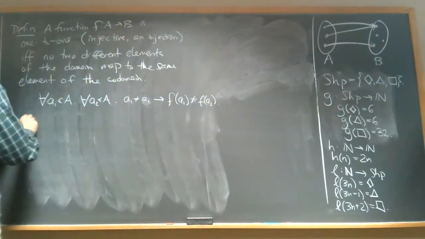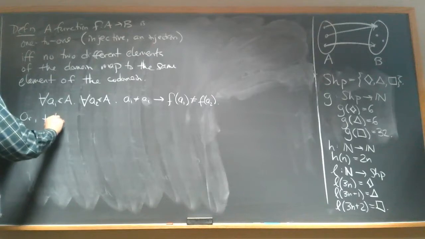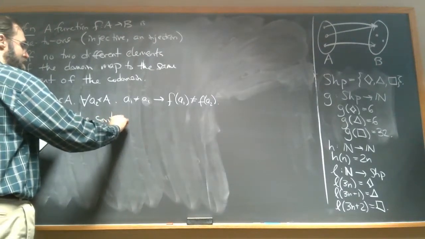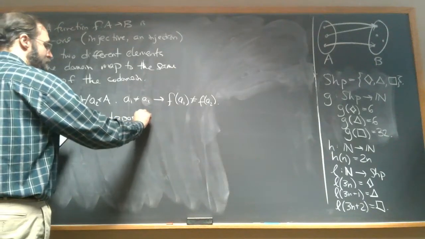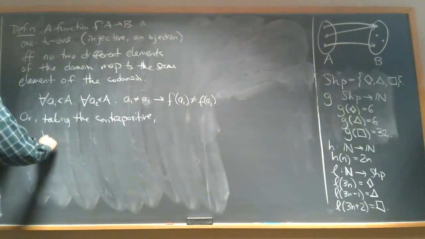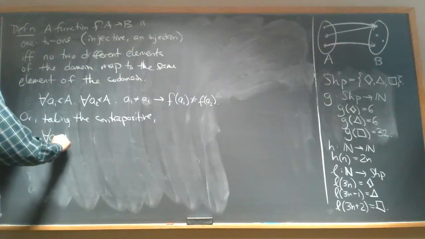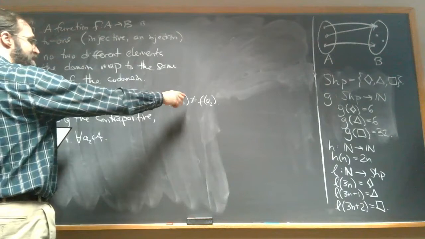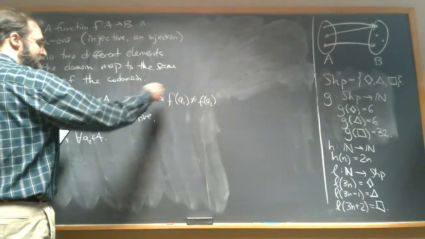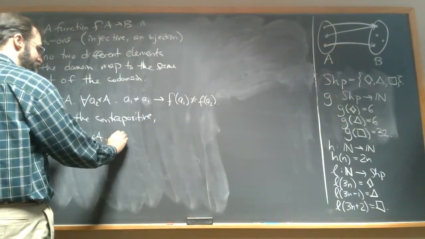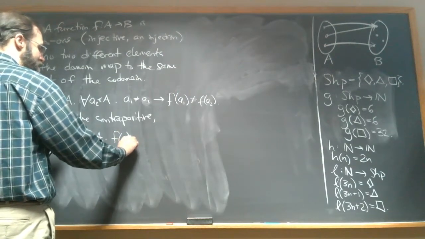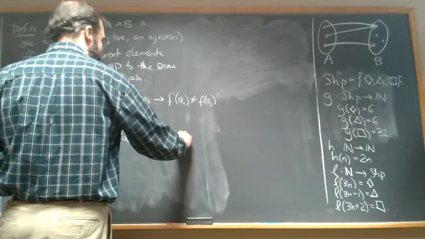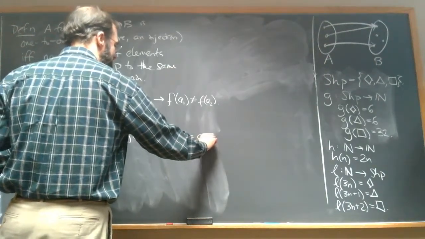Okay, or taking the contrapositive, this is equivalent. I can say for all a1 in A, for all a2 in A, I flip the direction of the arrow and I negate both of them, and that'll be equivalent. So I can say f of a1 equals f of a2 implies a1 equals a2.